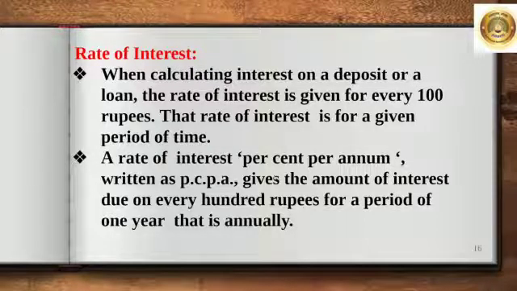If it is 10% per annum, it means that for every 100 rupees that you have borrowed, you will have to pay 10 rupees extra at the end of 1 year. Or if you have deposited money in the bank, for every 100 rupees, you will get 10 rupees more at the end of 1 year.